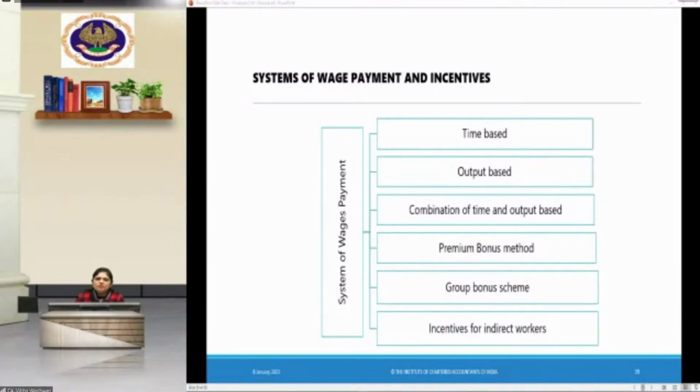In the last session of employee cost, we covered the concepts of employee, the meaning of employee cost, labor cost control, and how we can achieve the minimum wage cost per unit of output.